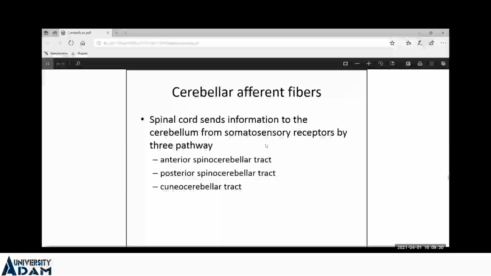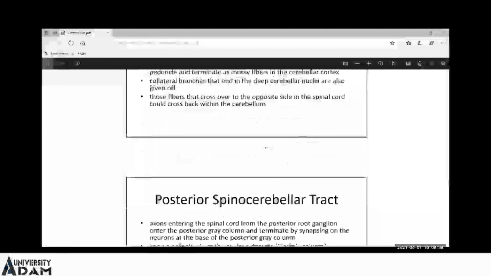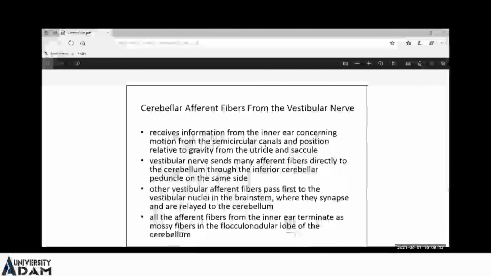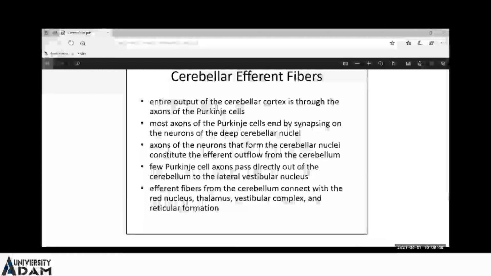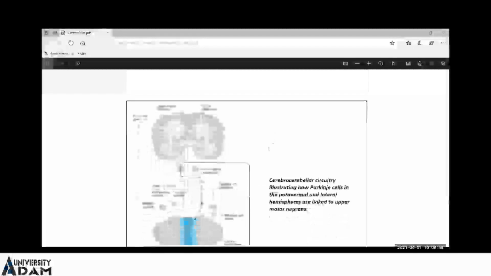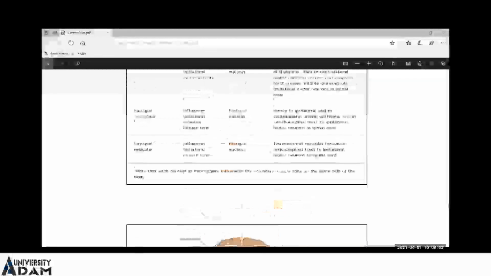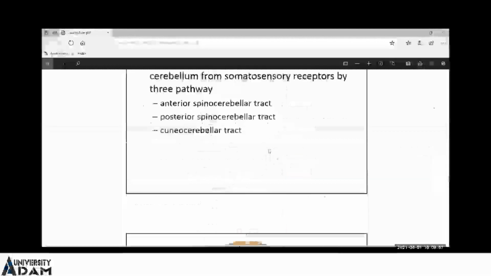You can see here, and also we have fibers, okay? Anterior spinal, posterior, cuneocerebellar efferent fibers, and guys, efferent fibers, okay? Let me show you that picture again, guys.